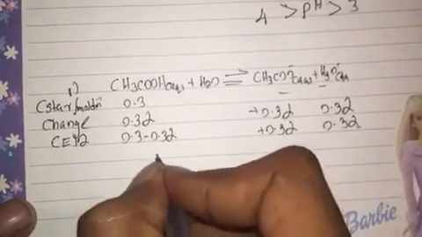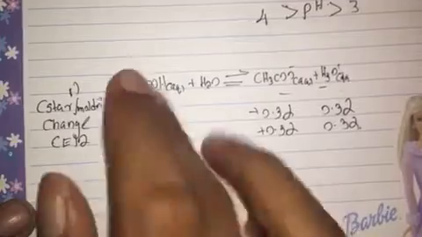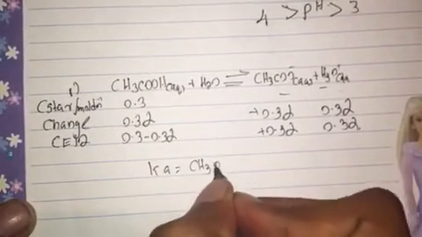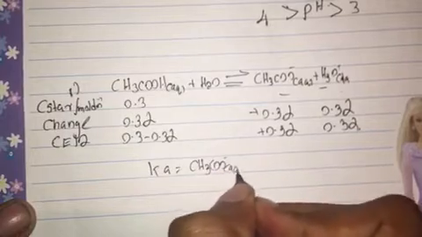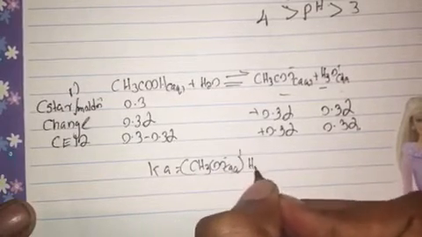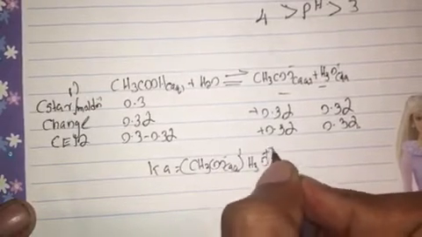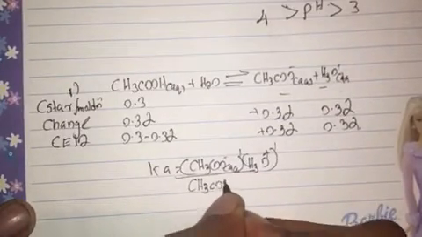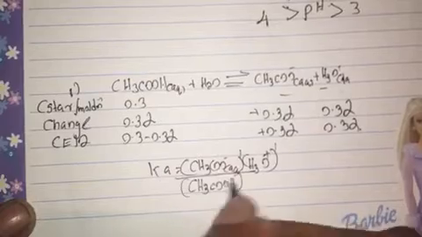We can write Ka for this equilibrium as acetate times H3O plus over acetic acid.